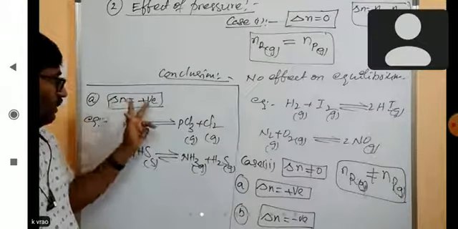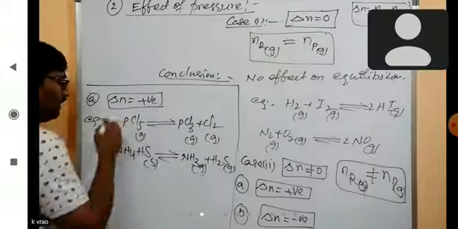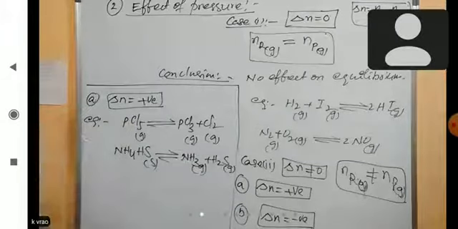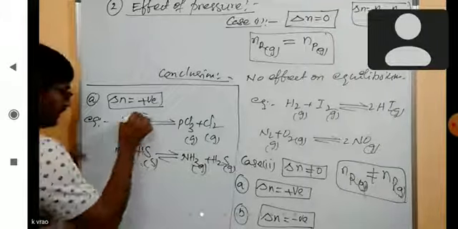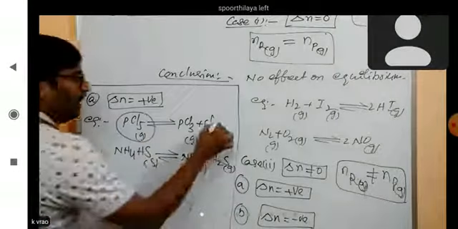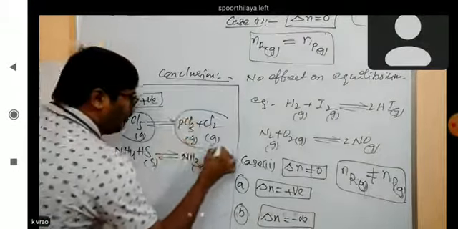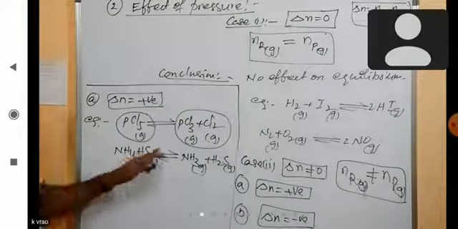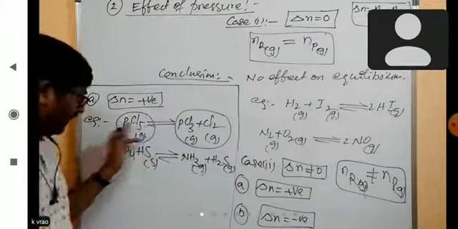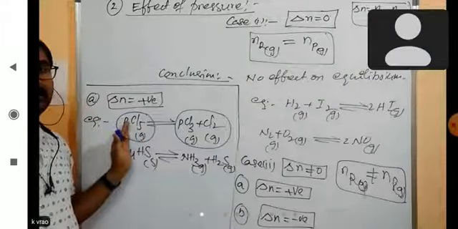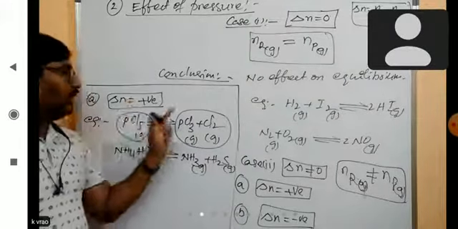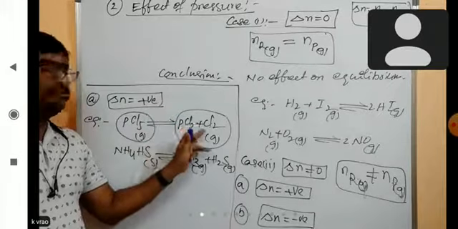If delta n is positive, per unit area the number of moles of the reactants is smaller than the number of moles of the products per unit area.